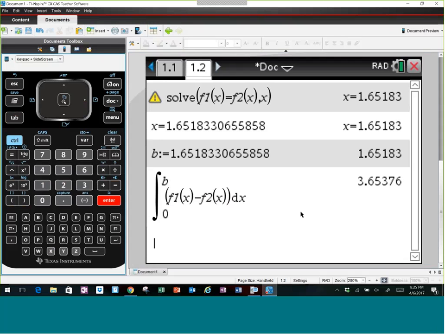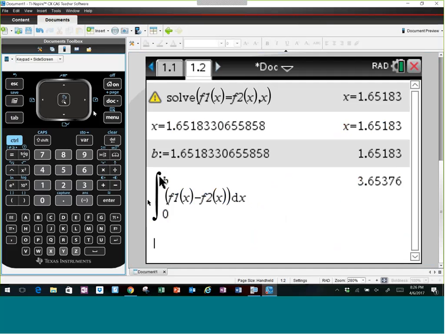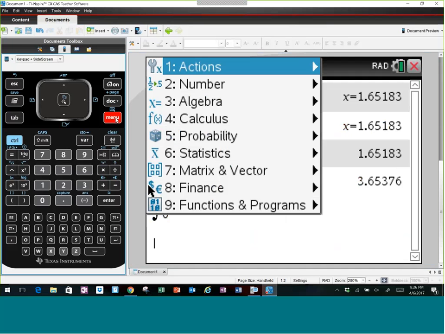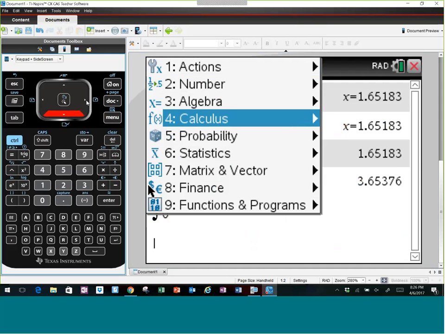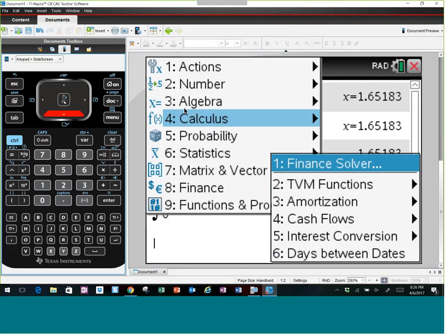Okay. If we'd been asked for, let's say, the slope of the tangent line to F1, the graph of 4 cosine square root of X, at that intersection point, we would need the value of the derivative there. Well, again, we have the X value stored in B, and on the calculator active part of the exam, we don't need to do that derivative by hand.